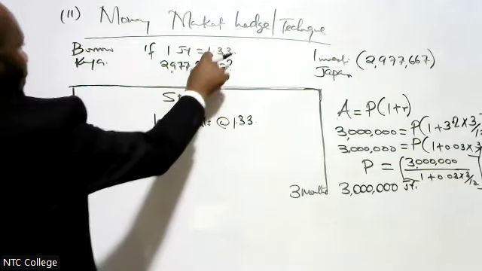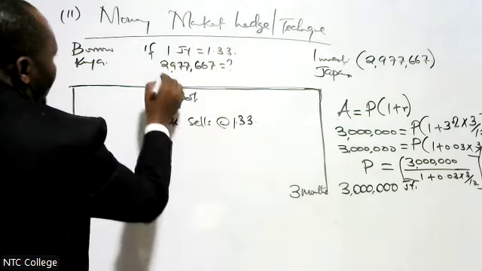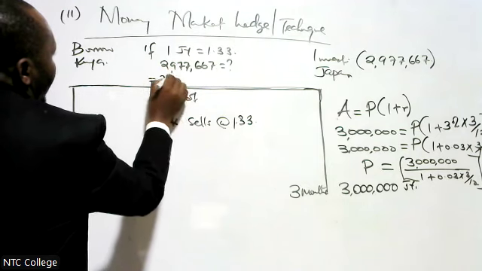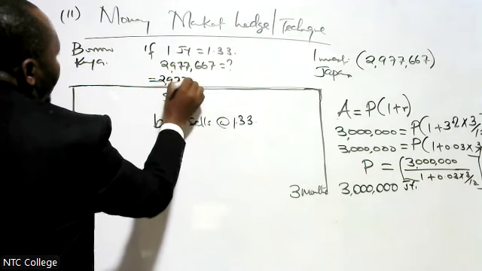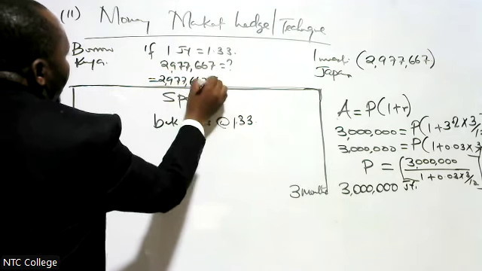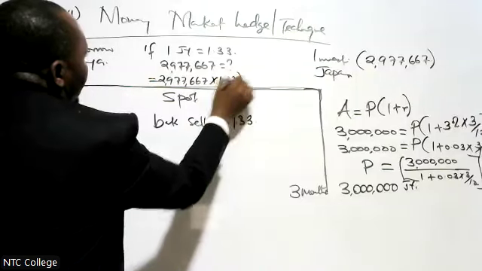So you multiply this times this. So we have 2.9 times 1.33.